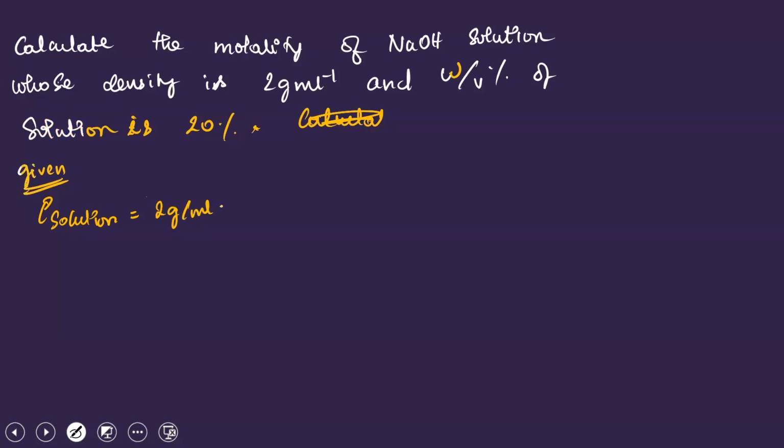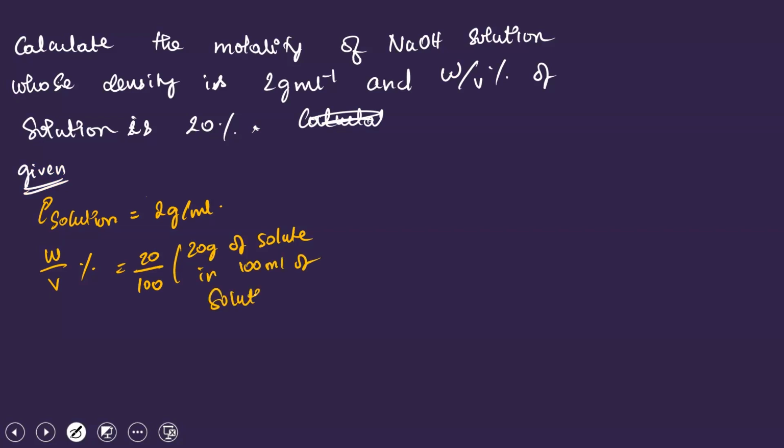Next, they have given the weight by volume percentage, that is 20%. We write this as 20 by 100, which means weight of solute is 20 gram of solute in 100 ml of solution.